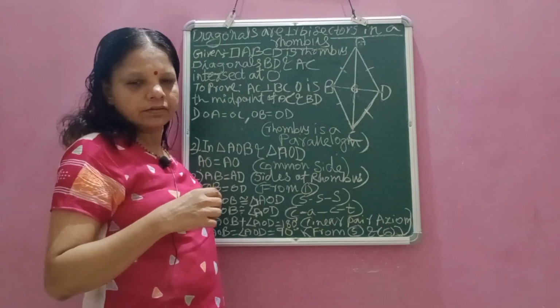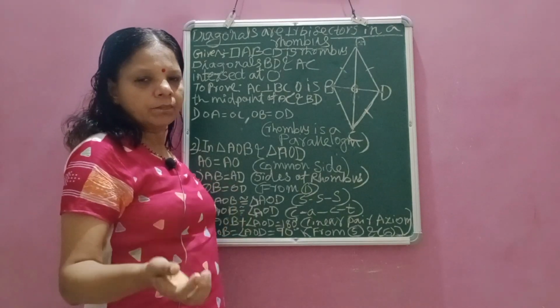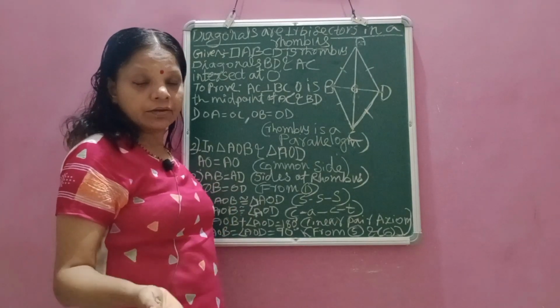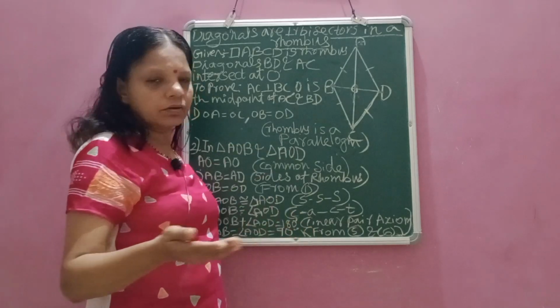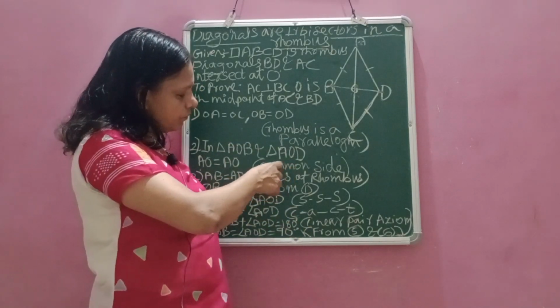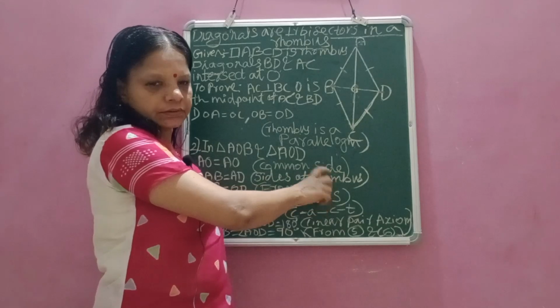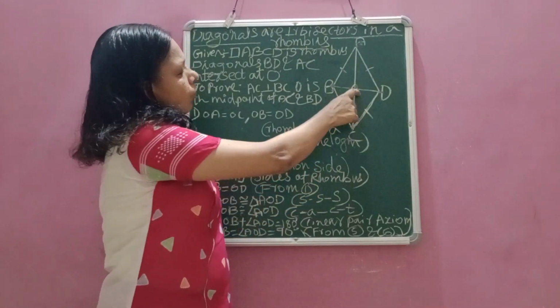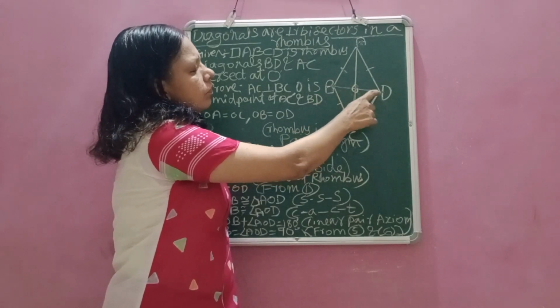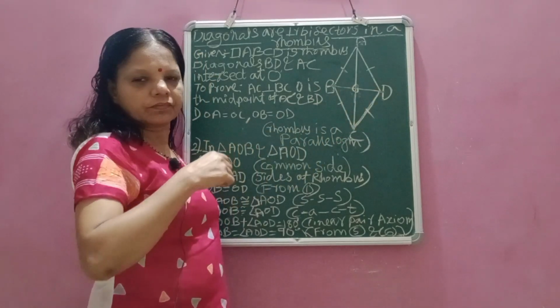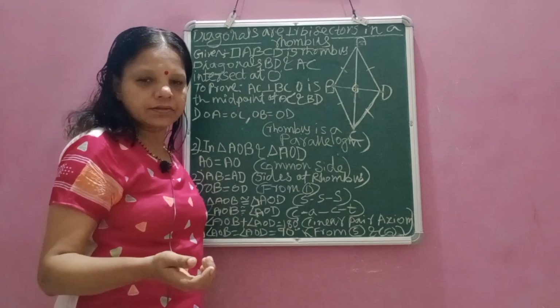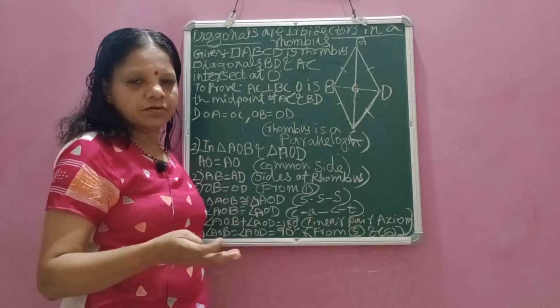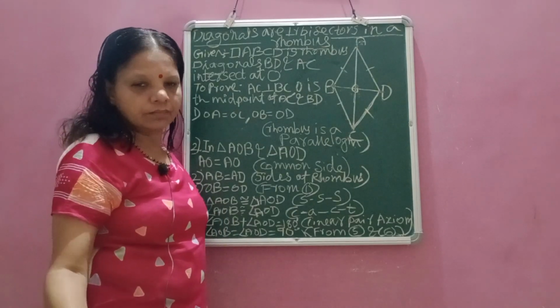What is the reason? Sides of the rhombus. All sides are equal. Therefore, AB equal to AD. Now the third statement, OB equal to OD. Diagonals bisect each other as rhombus is a parallelogram.